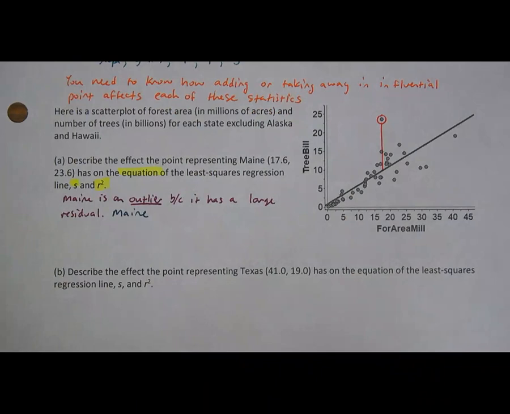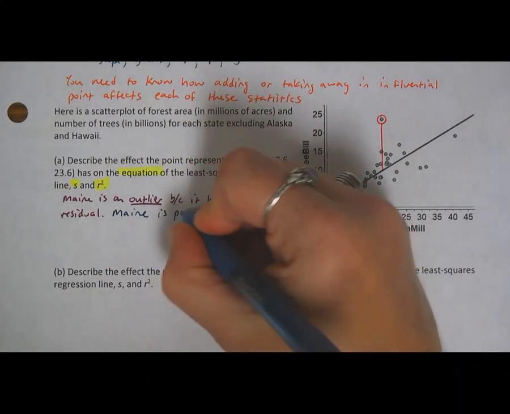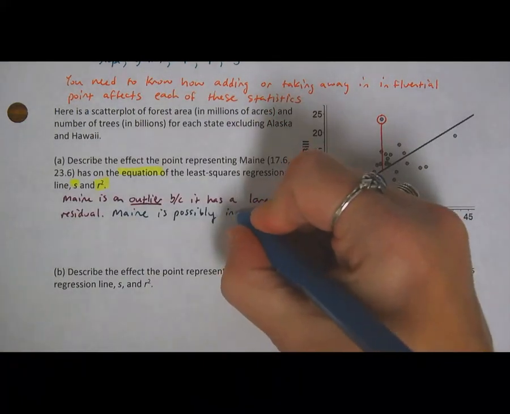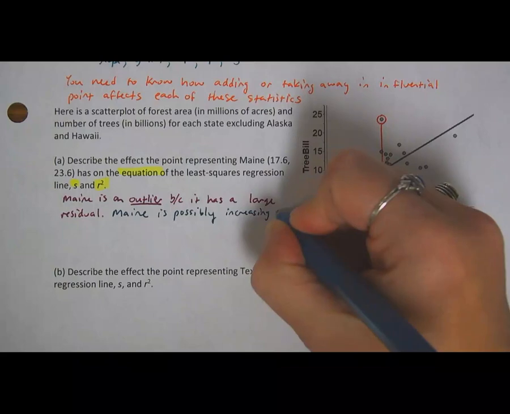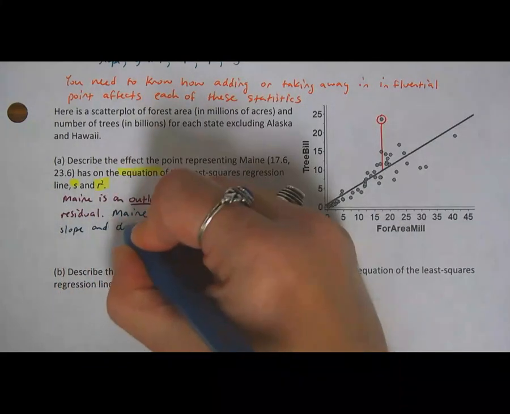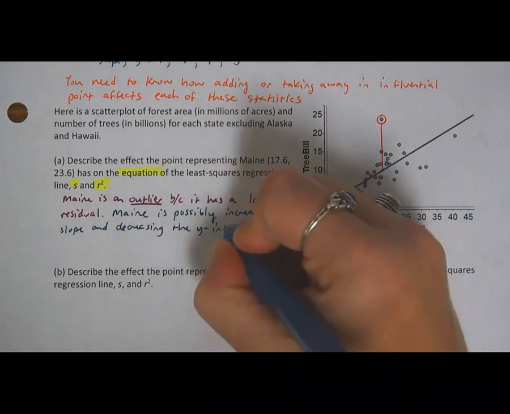So I would put that Maine is possibly increasing the slope and decreasing the y-intercept.